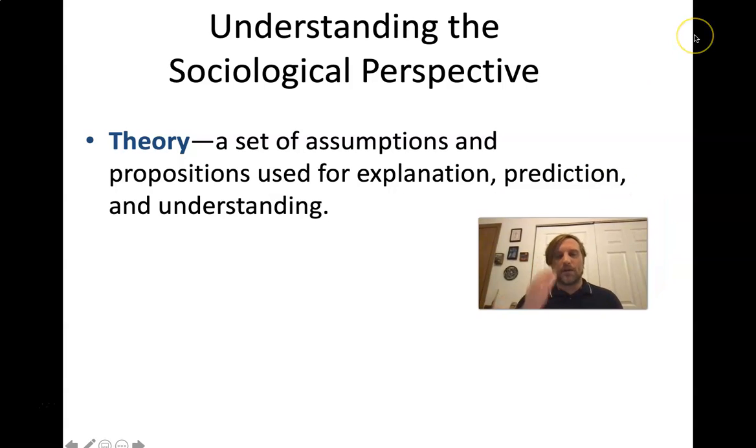One of the important things to understand about any social science is that we're building up theories. We use a lot of evidence to develop a set of assumptions, propositions, and explanations of what's going on in the world or whatever process we're looking at. We develop a theory, and then we spend a lot of time testing those theories, retesting them, improving them or discounting them completely.